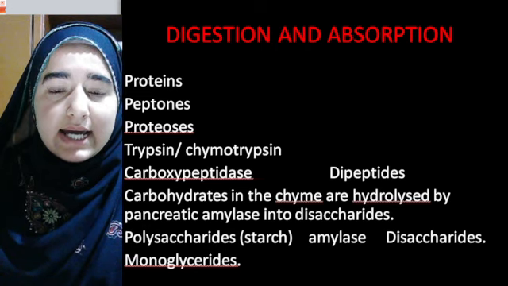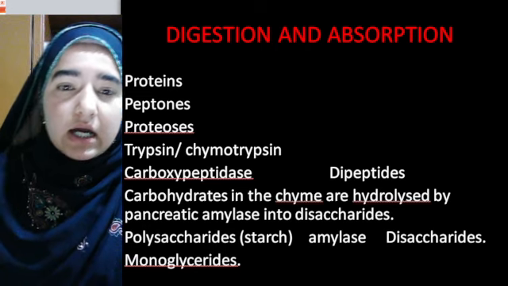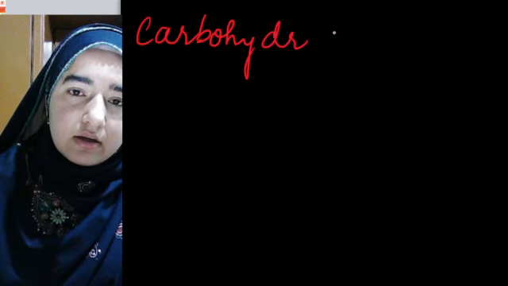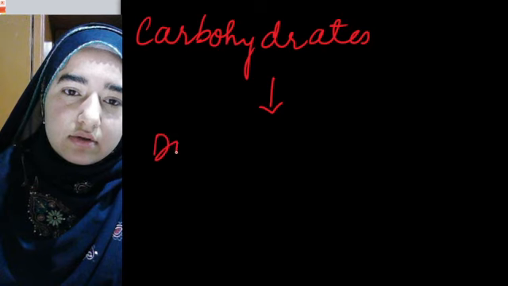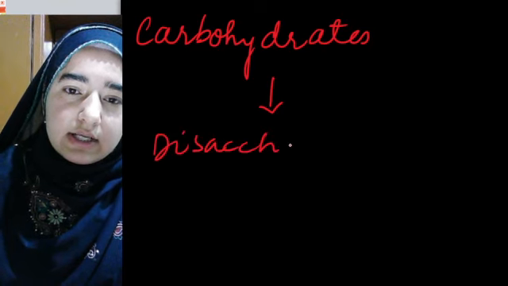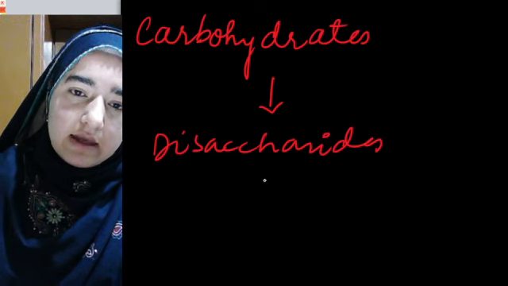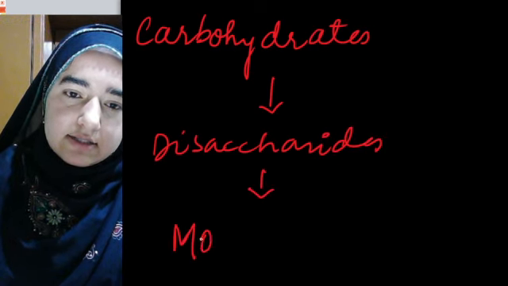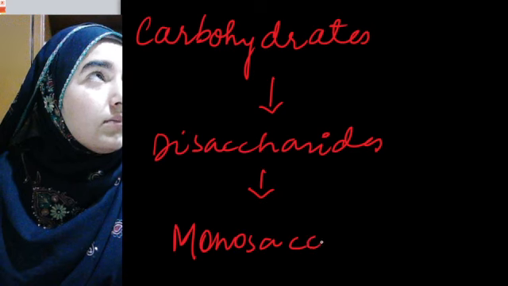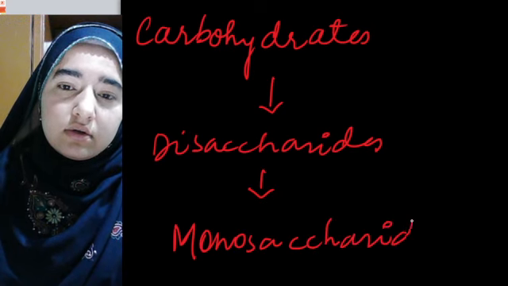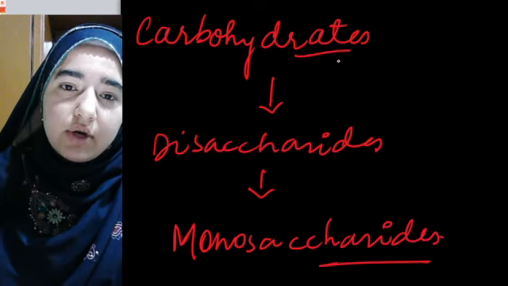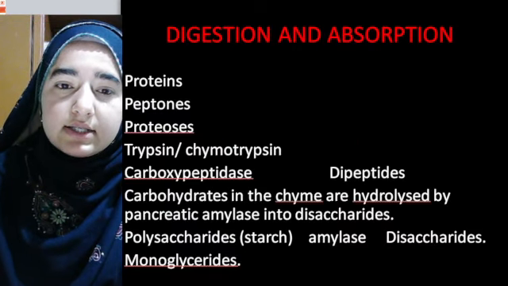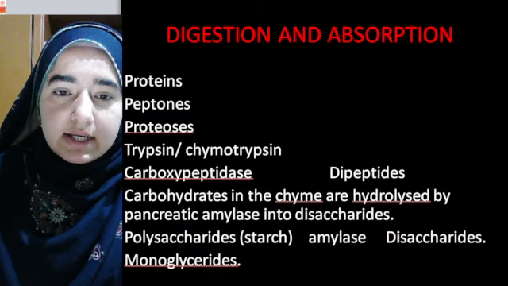Carbohydrates are hydrolyzed by pancreatic amylase. Carbohydrates get converted into disaccharides. Then these disaccharides get converted into monosaccharides.